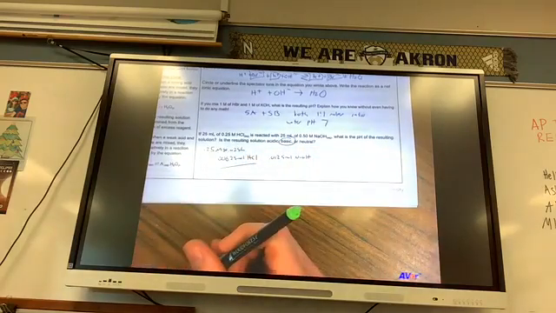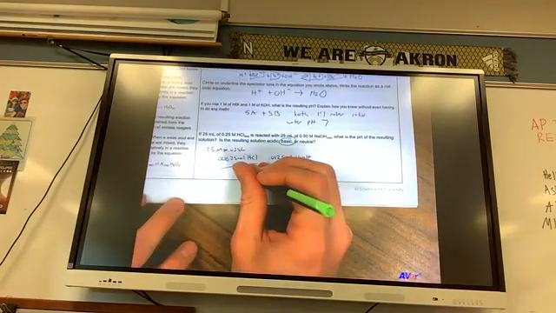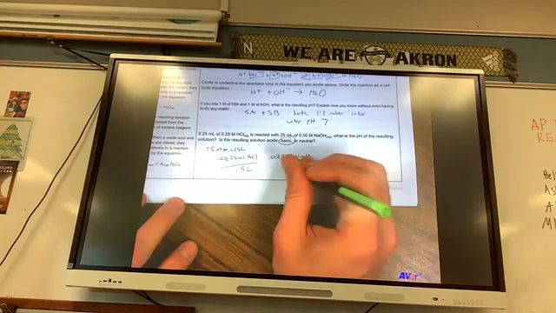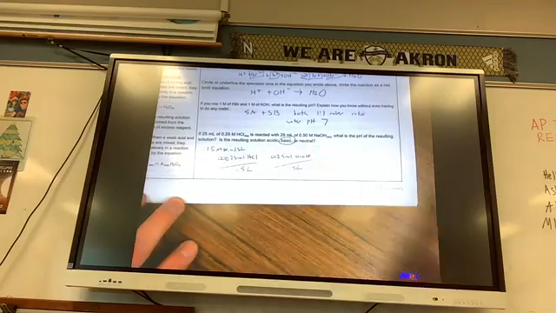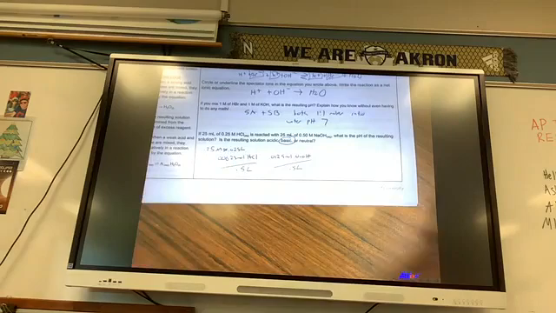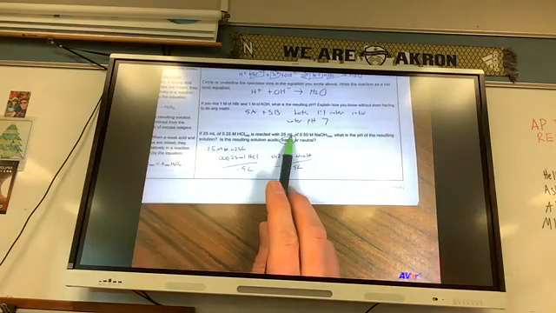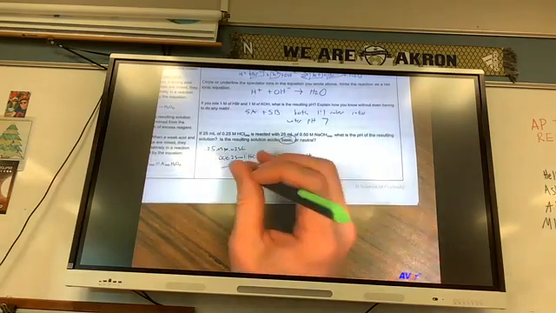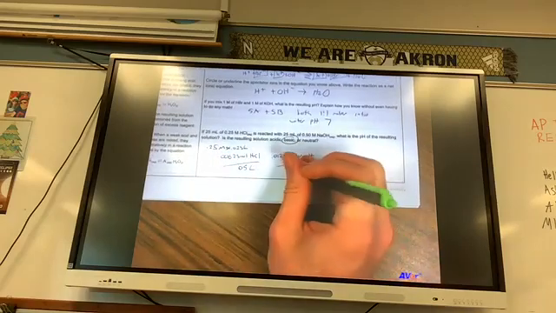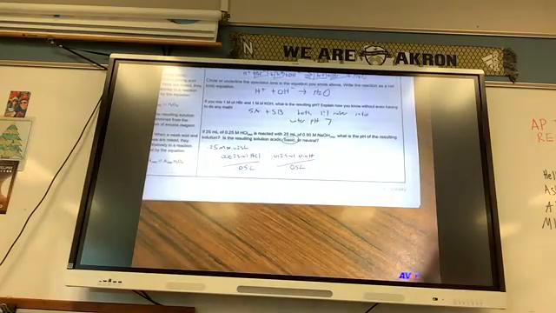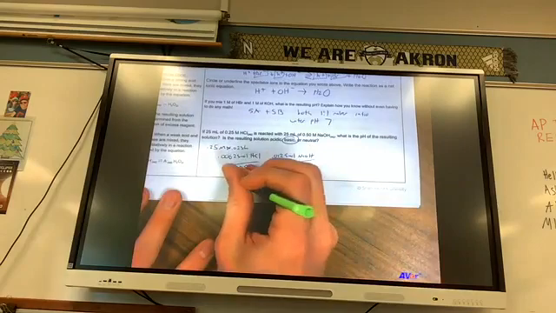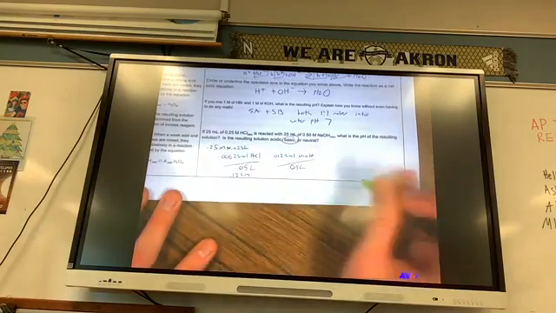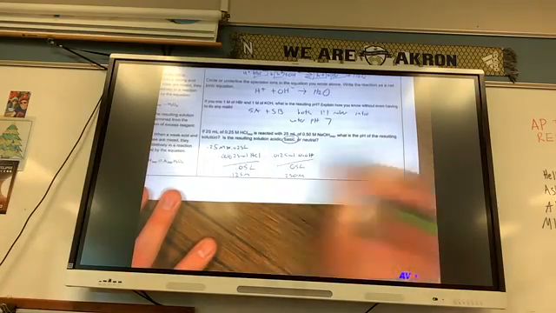Divided by what? Divided by the total volume, because I have to add it up. 25 plus 25 is 50, so 0.05 liters. So this ends up giving you 0.125 molar, and this one gives you 0.250 molar.